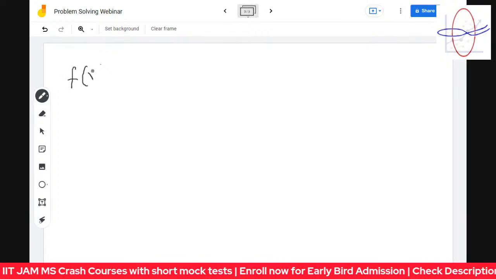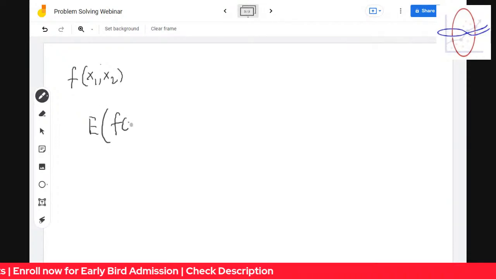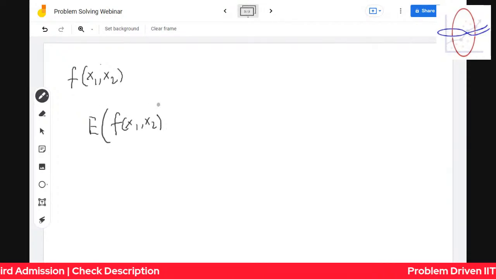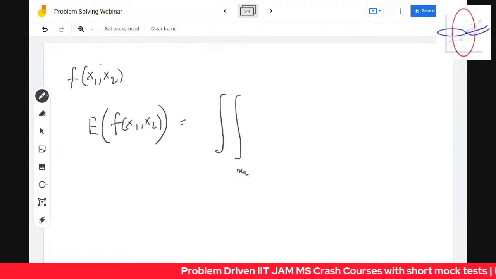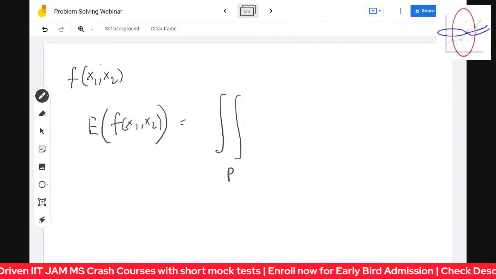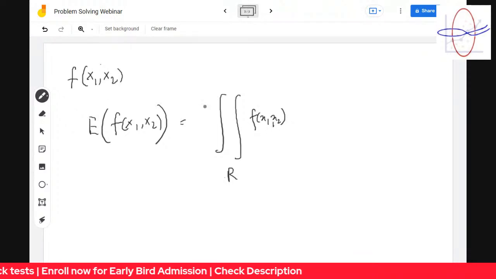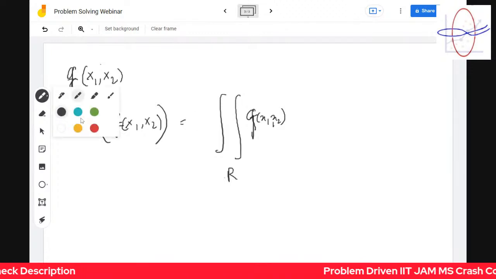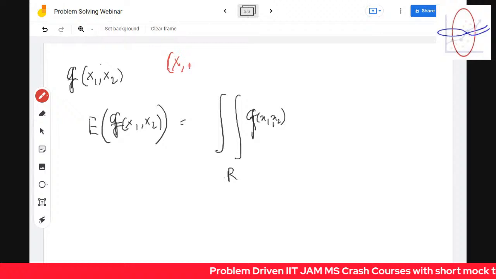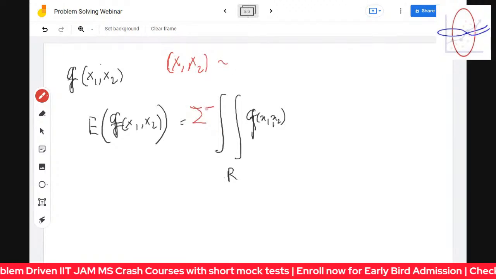If there's a function g of x1 comma x2, we find the expectation of g(X1, X2) as the integration over the region R of g(x1, x2) times f(x1, x2), where X1 and X2 together have a joint distribution, or summation, any one of them.